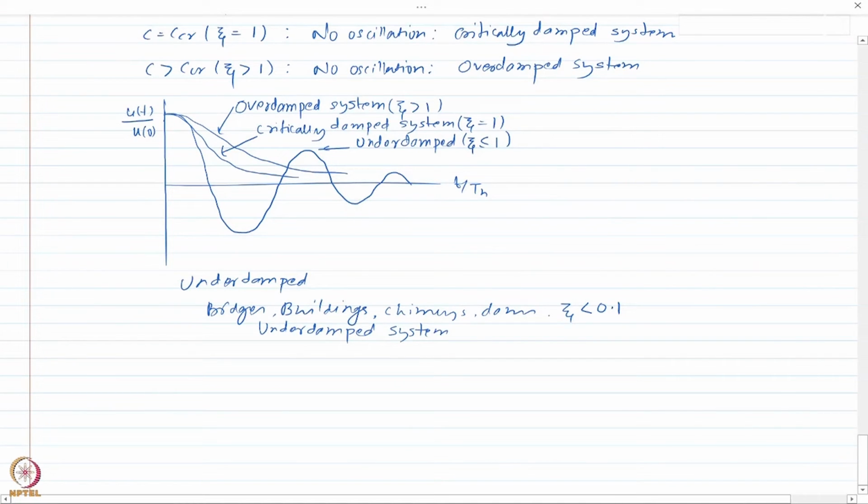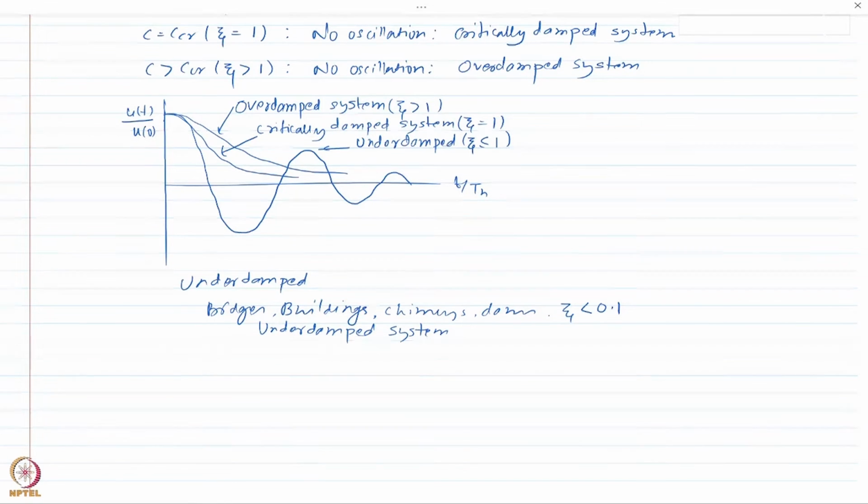Where an overdamped system would be useful, if you think about it, is any system that you don't want to vibrate but you still want it to be flexible. So it would have stiffness but it should not vibrate after you give it an initial displacement. One example would be a retracting door mechanism.